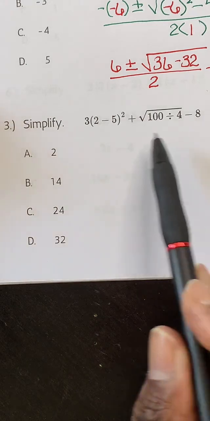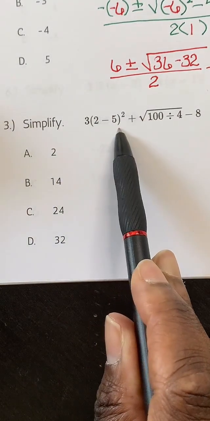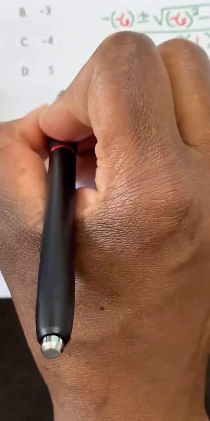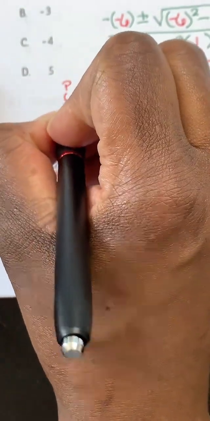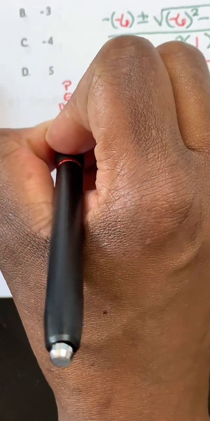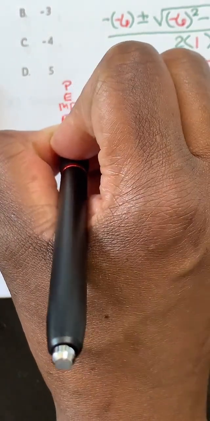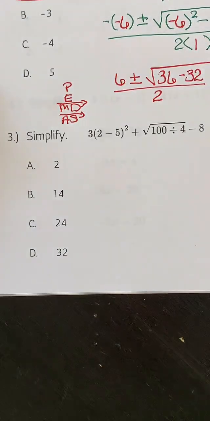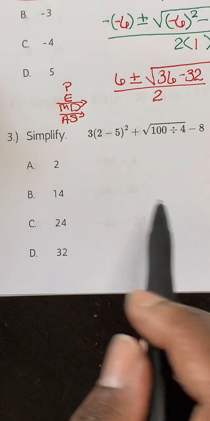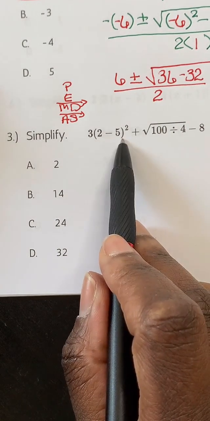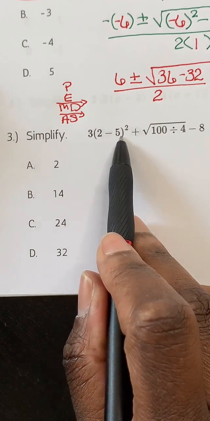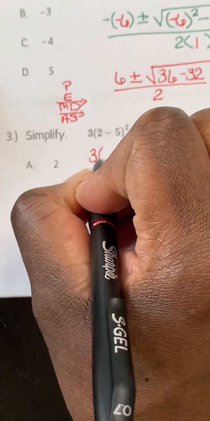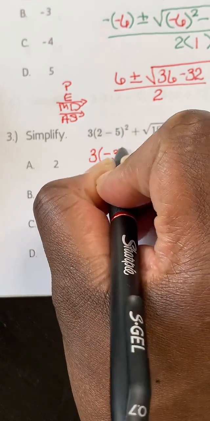Okay. Yes, we have an exponent, but we have our parentheses. So I'm going to put it just slightly above this. We have our please excuse my dear Aunt Sally from left to right. Okay? So now, taking a look inside the parentheses. So we have 2 minus 5. So that gives me a negative 3. So I'm bringing down my 3, parenthesis, my negative 3.